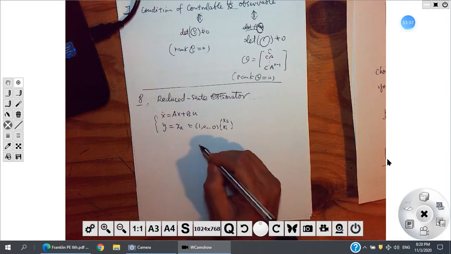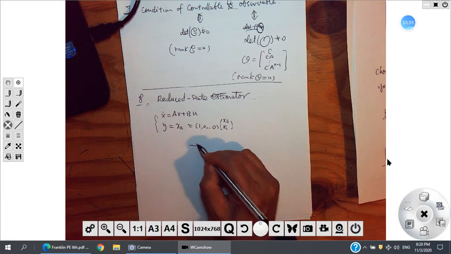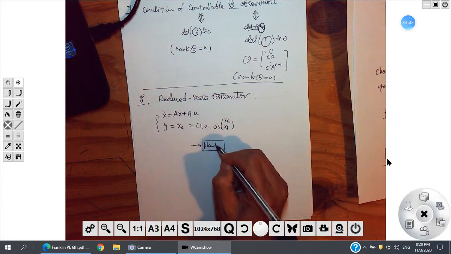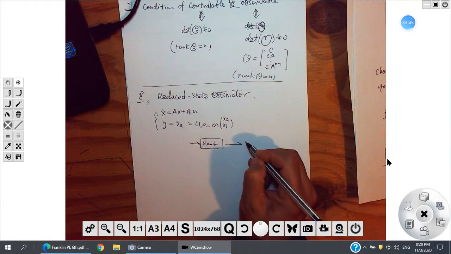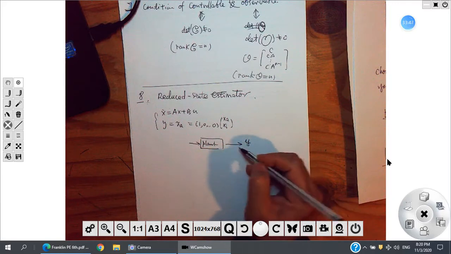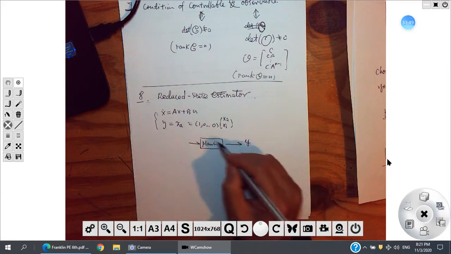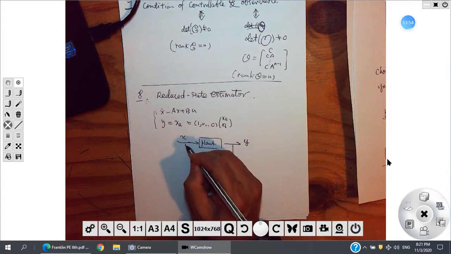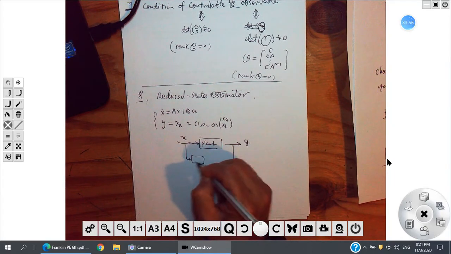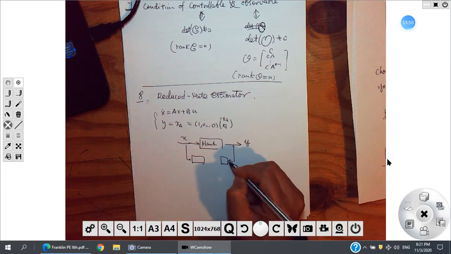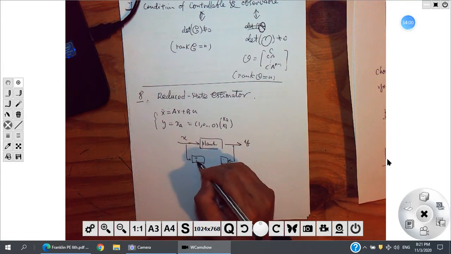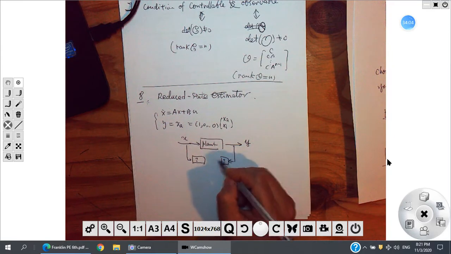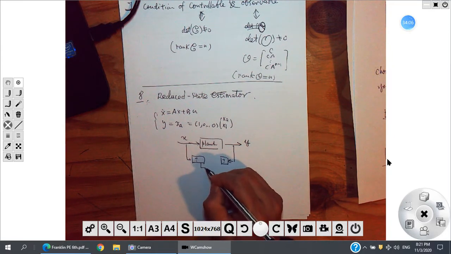Suppose this is the plant. Then you have output y. Actually, y is just the same as xa. Then you can decide what will be u. You need two functions here. I can't remember, should be two functions here. And then you do a summation.